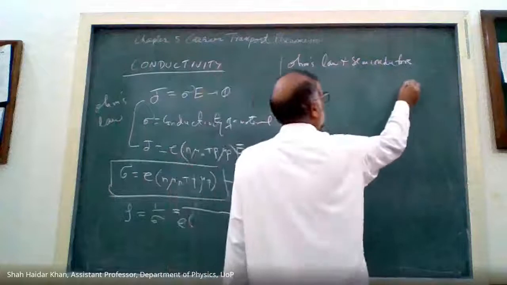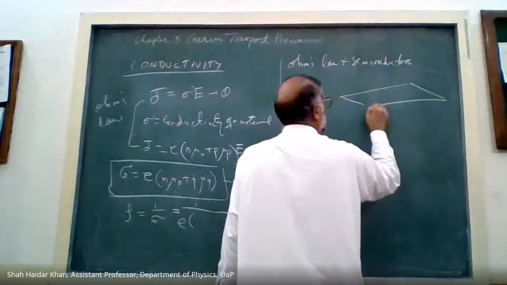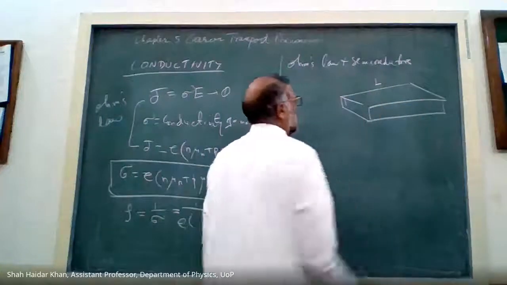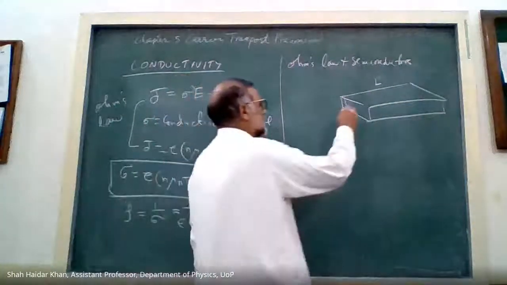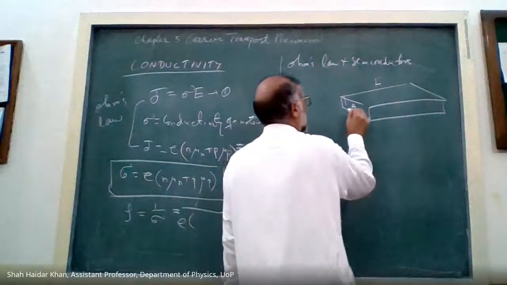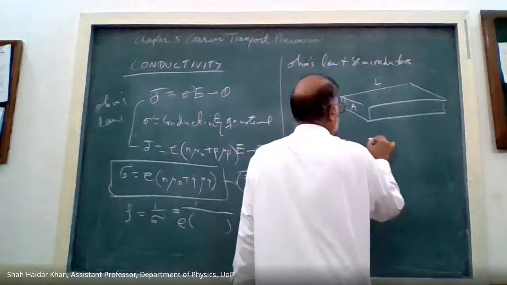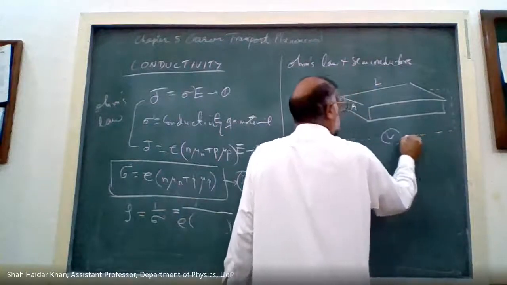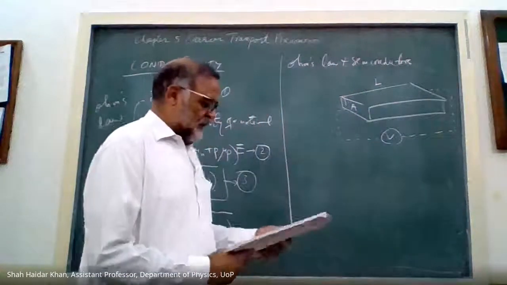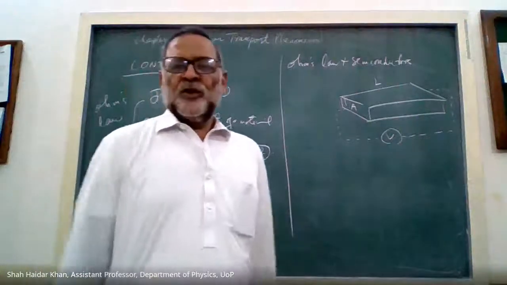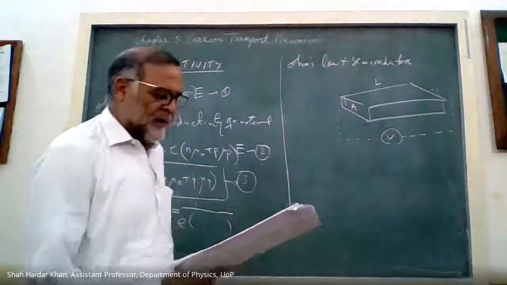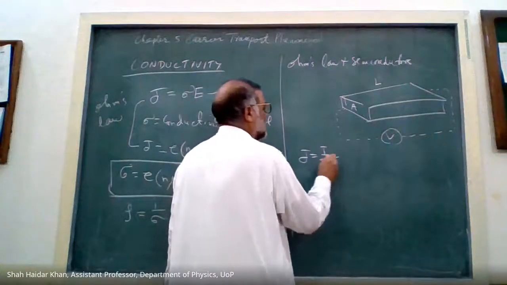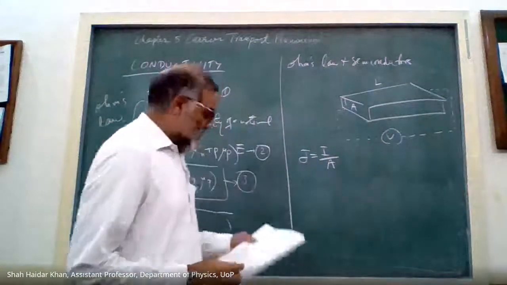Suppose we have a slab of a semiconductor sample, where L is the length and A is the area, and suppose we have applied a potential difference to it. Because of this potential difference, or the field, there will be a current, and we define the current density as current per unit perpendicular area.